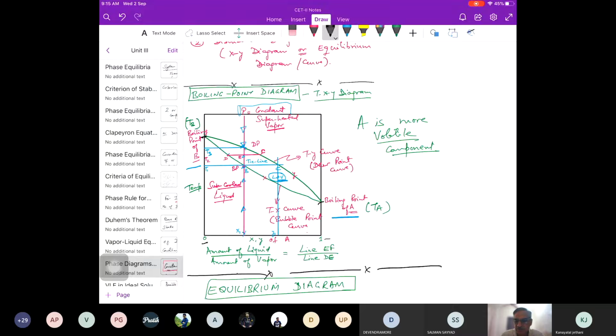What is bubble point? Nobody remembers what is bubble point, is it? Boil point of mixture. Not the boiling point of mixture.